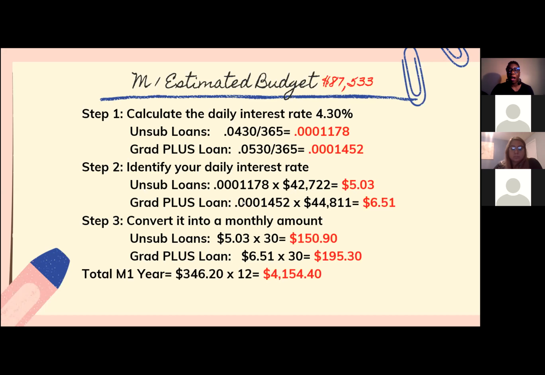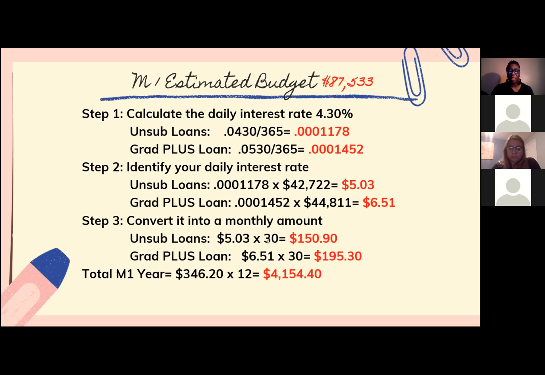And how I calculated the Grad Plus loan amount here is that I took away $42,722 from $87,533. When we apply that percentage to this amount, we get $6.51. So if you're taking out the full amount of the Grad Plus loan, know that $6.51 is accumulating on a daily basis for that loan.